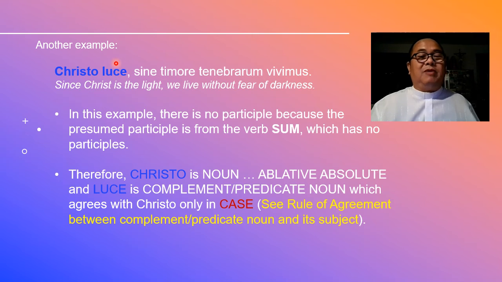By the rule of agreement, the predicate noun or complement noun agrees with the subject in case only. So, Christo ablative, luce ablative. In this example, in English, you provide the verb to be. Christ is the light. Since Christ is the light, we live without fear. So, two nouns in the ablative case, and the presumed participle is the verb to be.